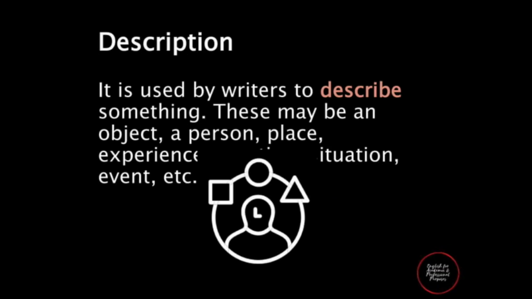Okay? So, second one, the types of text structure is the description. Okay, it is used by the writers to describe something. This may be an object, a person, place, experience, situation, or an event. Okay, how do you describe something? Diba? For example, what is the best place in the world?